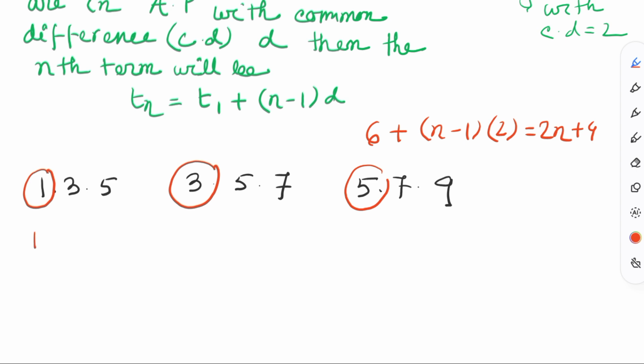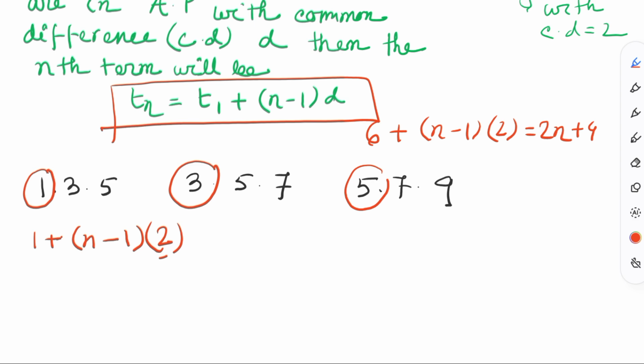That means the first factor of the denominator of the nth term will be 1 plus n minus 1 into 2. We get this from this result. Then the first factor of the denominator of the nth term will be 2n minus 1.